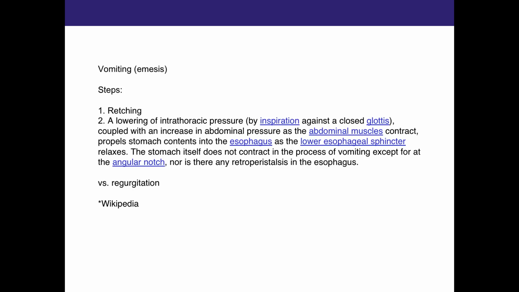I know that sounds weird, but you can feel the lowering of the pressure in that area. And then it makes your abdominal muscles contract, increasing the pressure in your stomach. And as soon as the lower esophageal sphincter opens up, food's going to be propelled from high pressure to low pressure, and it literally is propelled out of your mouth.